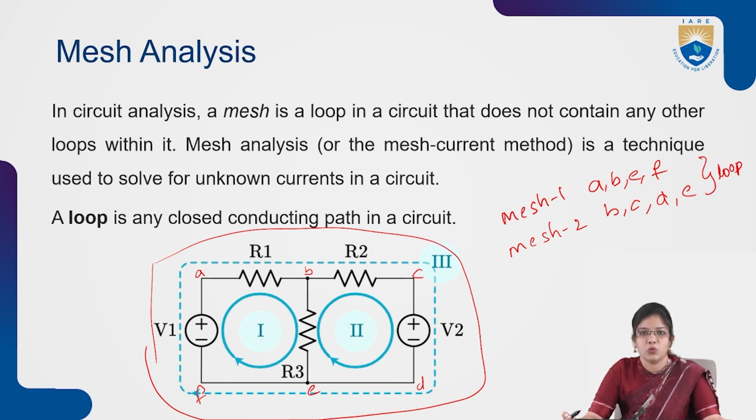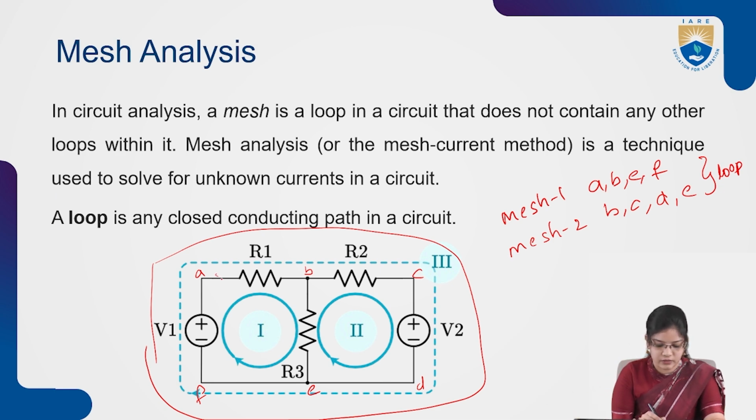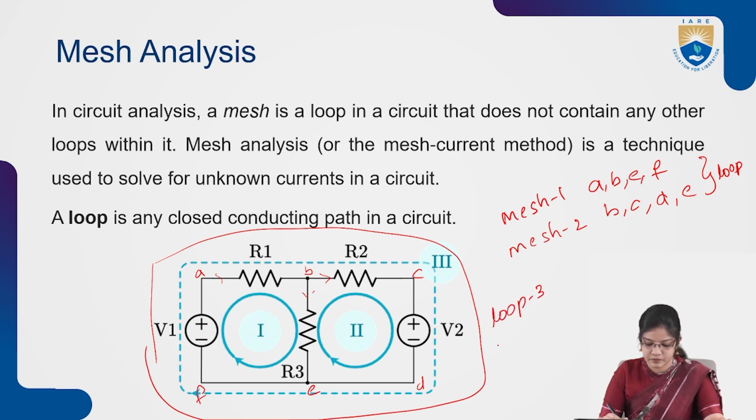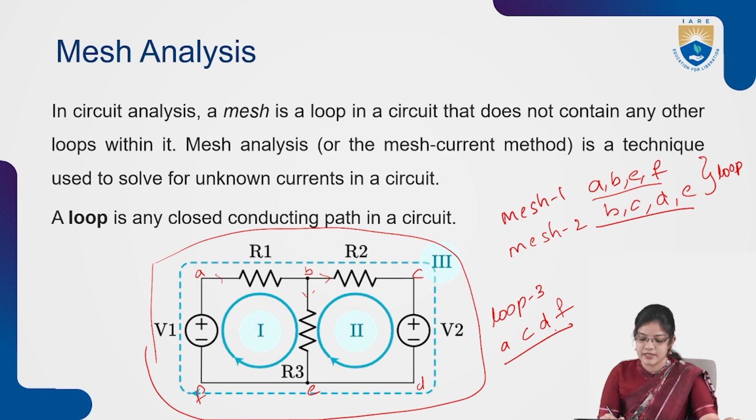A loop is anything which allows the flow of current, and here there are two ways. If we consider this path also, it is a path where the current is flowing. So loop 3 will be A, C, D, F, and the other loop will be A, C, D, E.